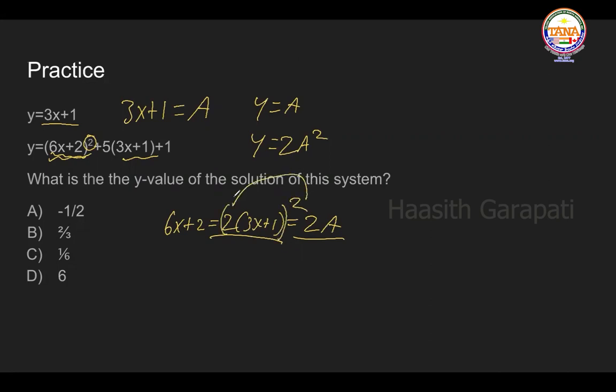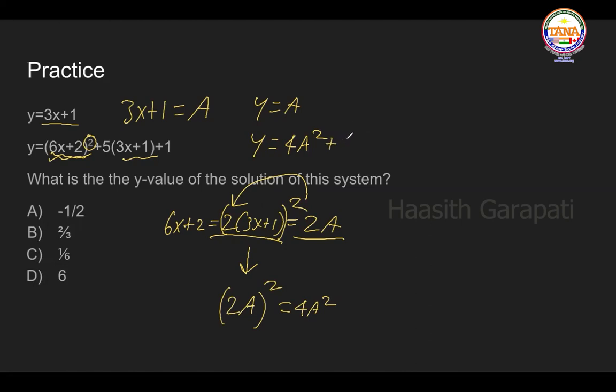This 2 applies to the 2 coefficient over there. So in reality, the correct coefficient is 4. And you can also see it reflected another way, where 2 times 3x plus 1 is equal to 2a. So this technically turns into 2a squared, which is equal to 4a squared.